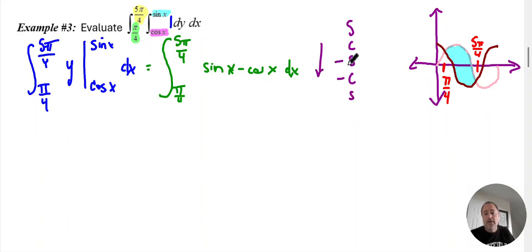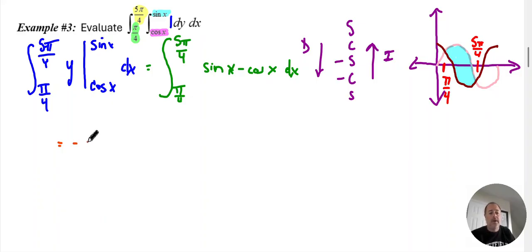Before I continue on, one of the things that I absolutely love that we use all the time is our mnemonic device for the signs for cosine and sine when we're taking derivatives and integrals. So remember, when we're integrating sine and cosine, we will be very, very careful about this. So SCS, where 3 and 4 are both negative. Going down is derivatives and going up is integration. It's just always nice to remember that tool. So when we are integrating positive sine, we actually come back to negative cosine.